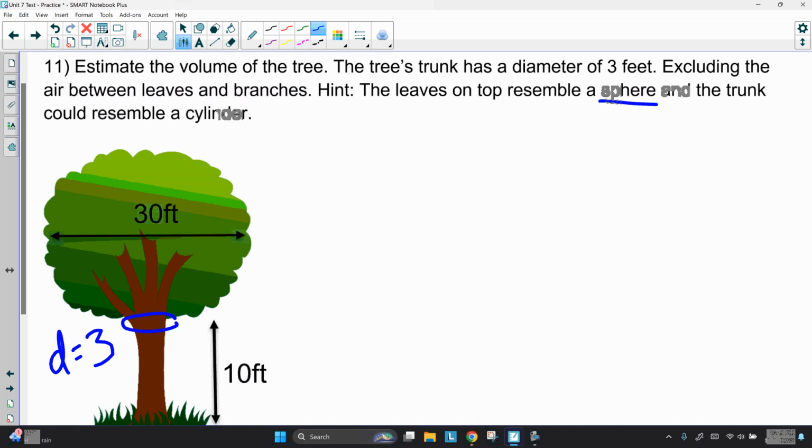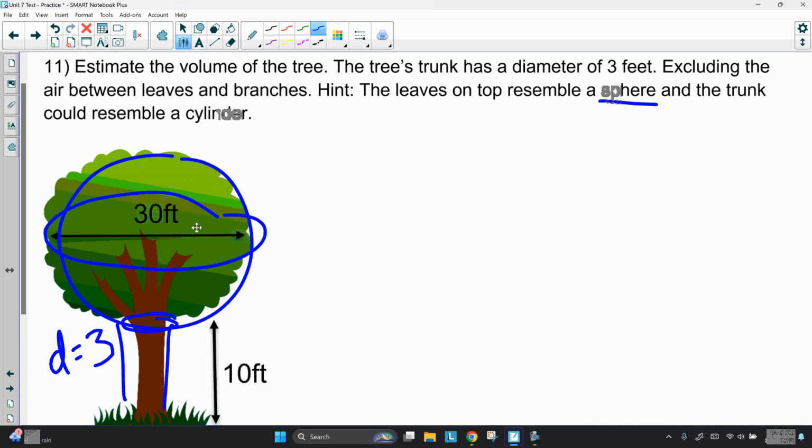So, it's an easy task. It's just like the composite solids. So, we are simply just going to do the sphere, which is 4/3 pi, because we've seen it 1,000 times already, times the radius. This says 30. Half of 30 is 15. Cube. Add the cylinder base. Again, diameter is 3, so we have to half that.